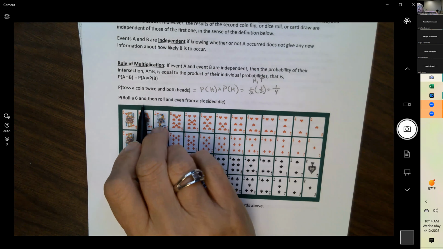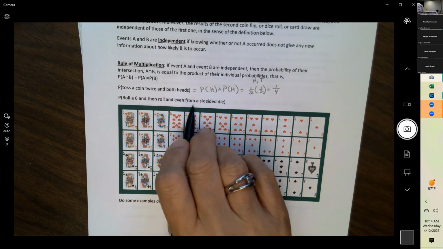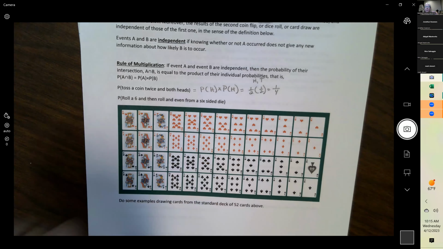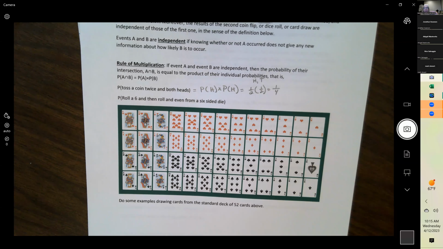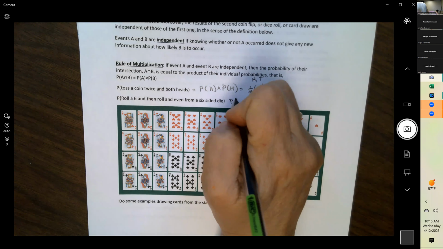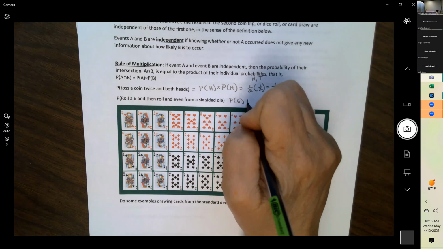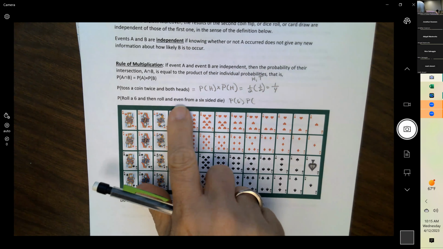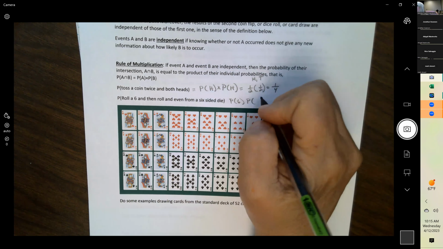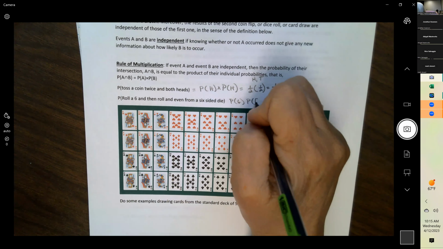Rolling a 6 and then rolling an even number. When you roll a die, they're independent of the next one. So you could take the probability you roll a 6 times the probability of an even.